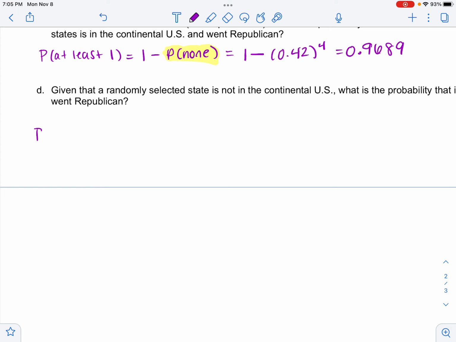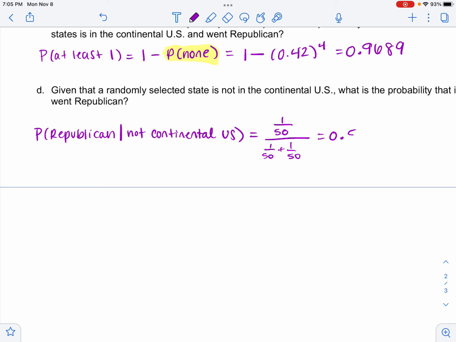So I'm looking for the probability of Republican given they're not in the continental U.S. To find this probability, I set it up, and I get 1 over 50 out of 1 over 50 plus 1 over 50, which equals 0.5.